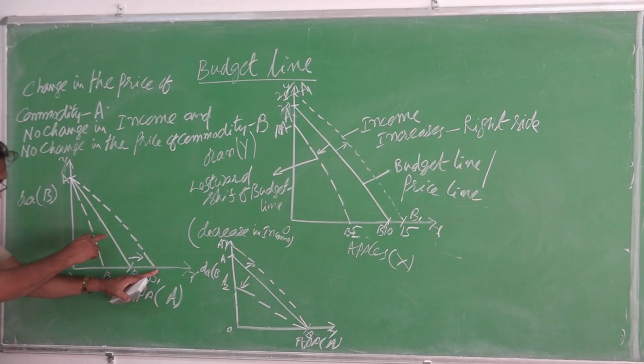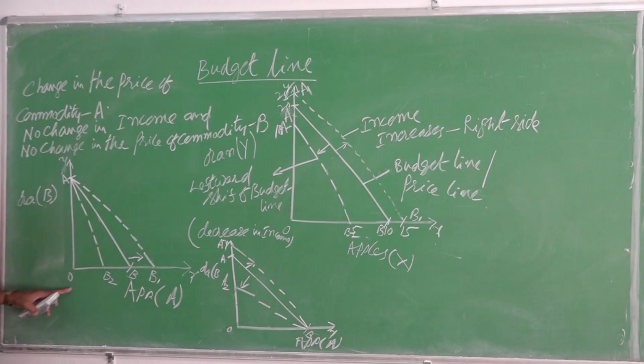At that time the budget line shifts towards the right. The starting point from B is the same. No change in the price of oranges or B. Only the price of apple decreases. That's why he can purchase OB1 quantity, more than OB. If the price of apple increases, he can purchase less quantity. Please remember, no change in income and no change in the price of B commodity or oranges.